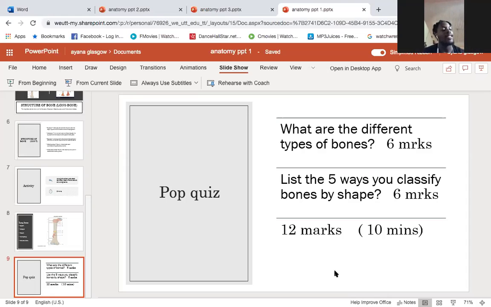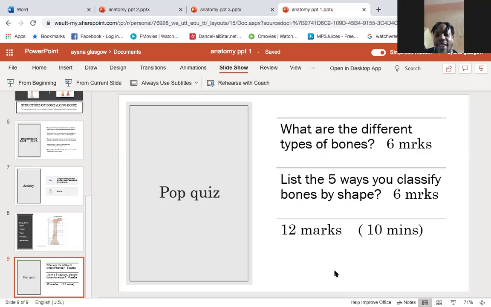In that area you'll find your bone marrow, well, your yellow bone marrow, and your medullary cavity, right? So yeah, that is it for the types of bones.